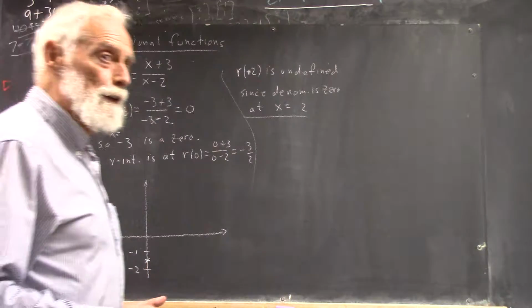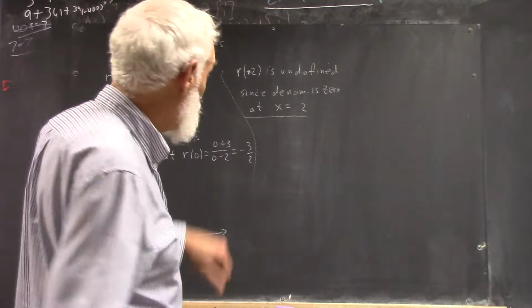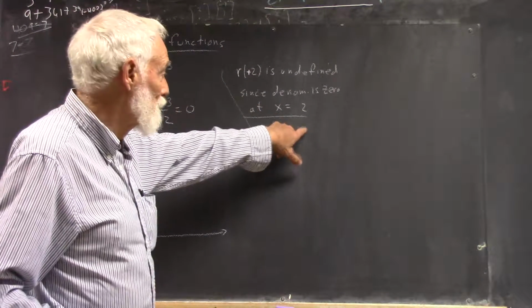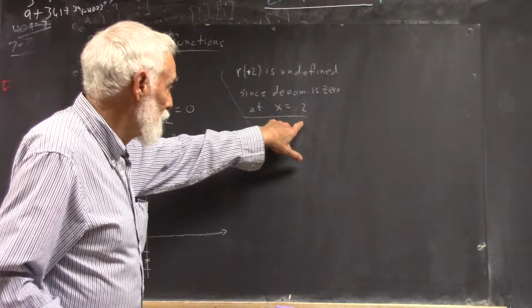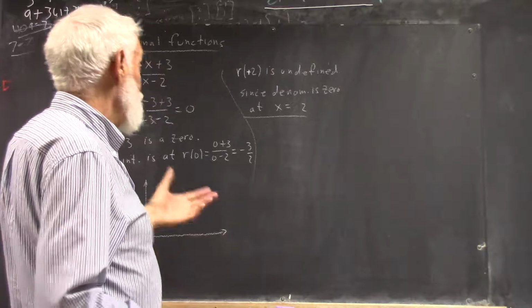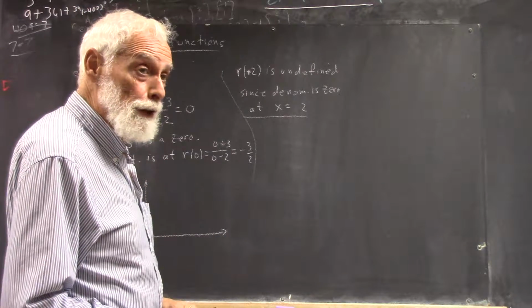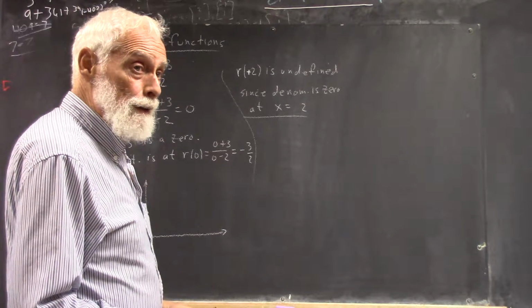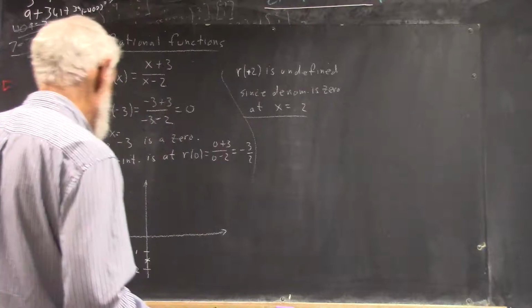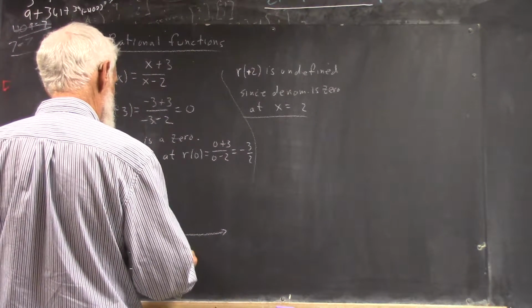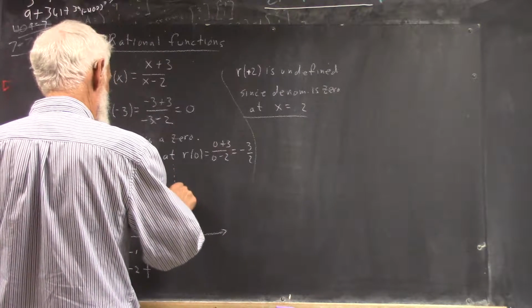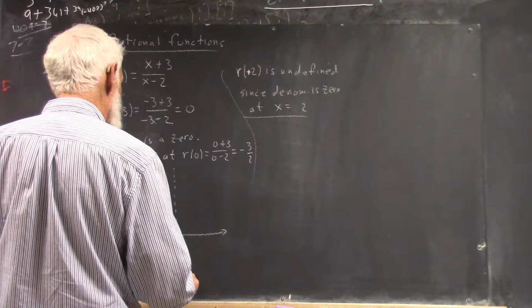Can't blame students for doing it when I keep doing it, but I know the difference. Okay. And so do most students. And they're probably better at fixing themselves than I am. Okay, x equals 2. Denominator 0 at x equals 2, right? So the function is undefined. So at x equals 2, there is no point on the graph above or below x equals 2.